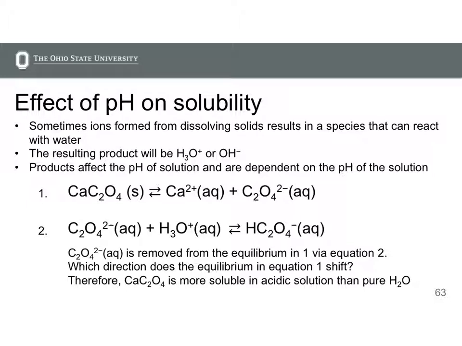Other times we can add acid or base to a solution to increase solubility. And that's what I'm going to show here in this example. This is our calcium oxalate. We know what its equilibrium looks like. It has a KSP value associated with it. But oxalate ion is the conjugate base of oxalic acid. Well, actually that's only one proton. So oxalic acid is H2C2O4.